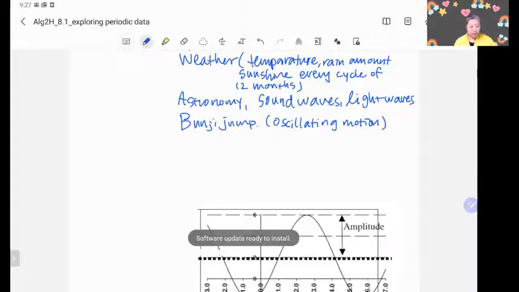Then you can observe how one full motion happens over what period of time, and then you can make the data a periodic function, right? Okay. Is there anything else that you can think of? Okay, I guess that's pretty much it.